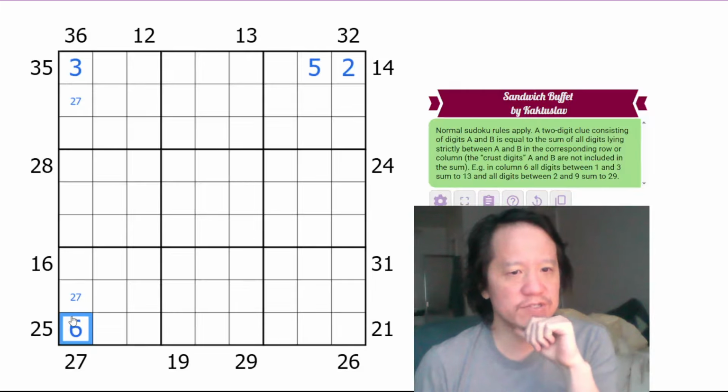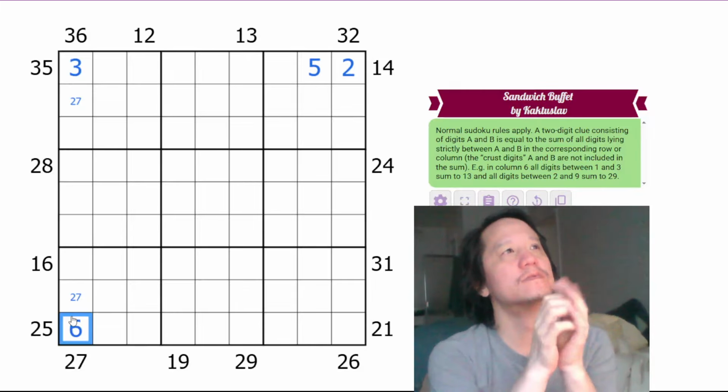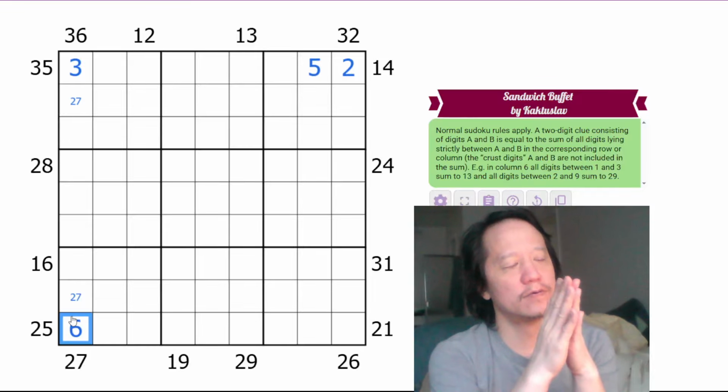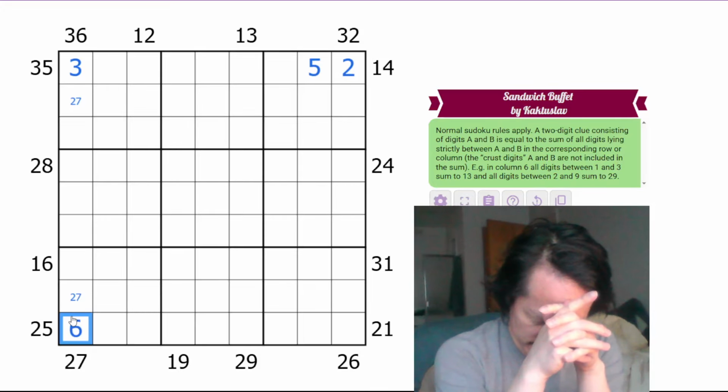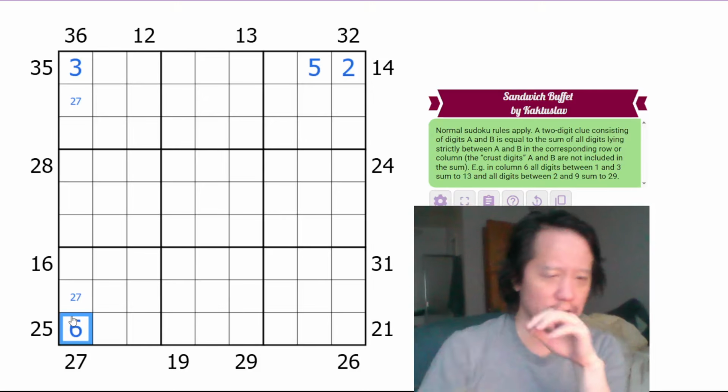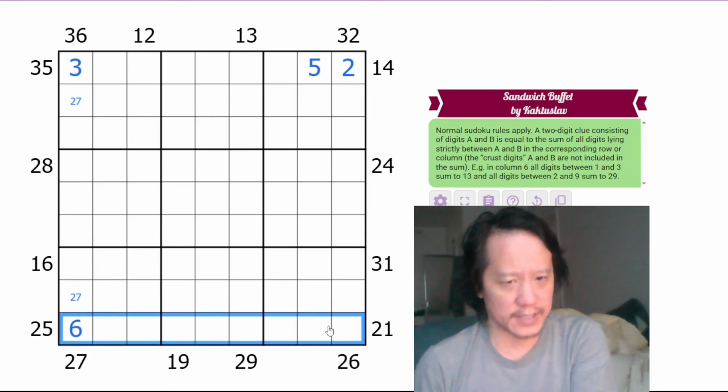So you have 6, 2, and 5. That is 13. 45 minus 13 is 32. So that means there's 7 more outside of between the 2 and the 5 here.